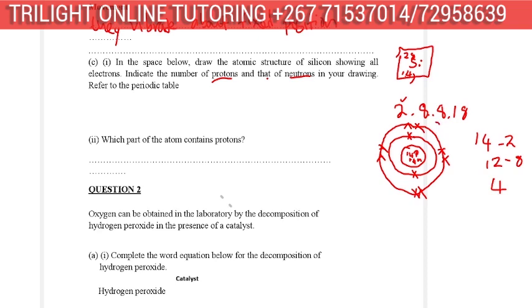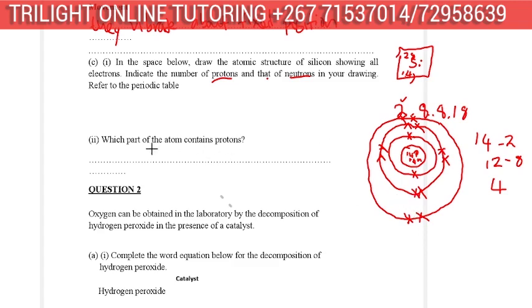We're going to draw this 4, 2 and another 2 here. This is what they expect you to draw.